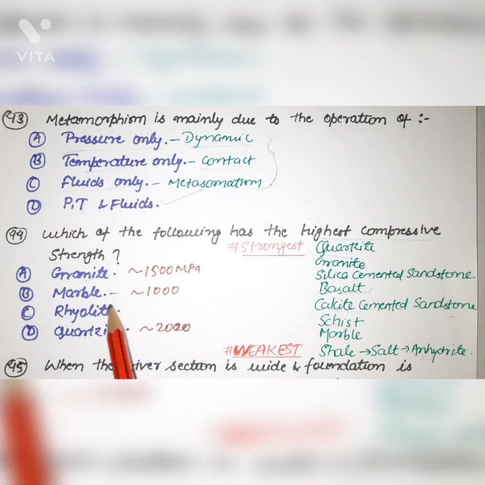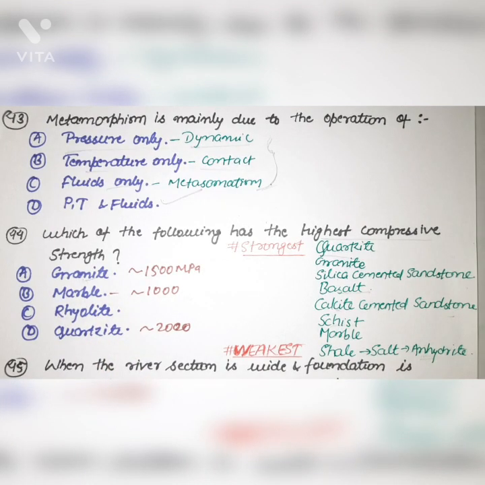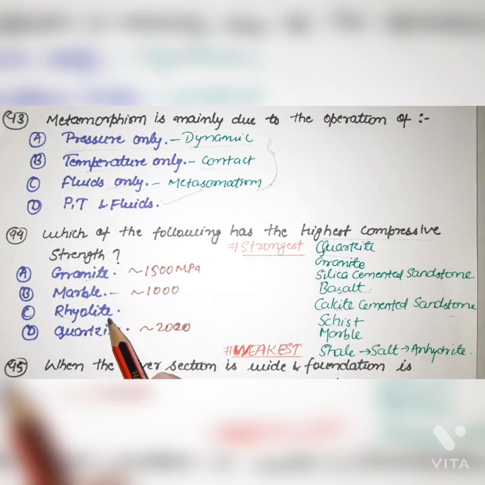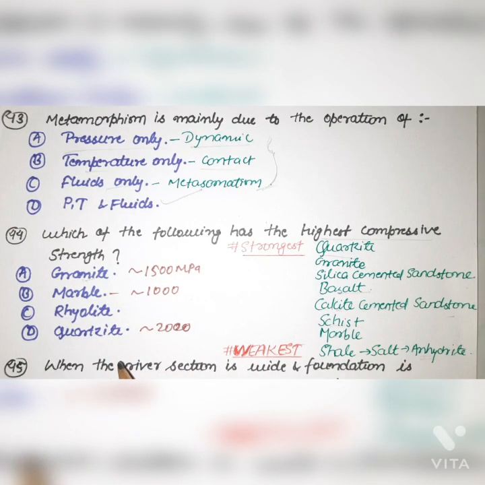Rhyolite is not considered in a text, but you can check it in Engineering Geology by KSW. Okay, and rhyolite will be lower than granite because it is a volcanic rock and it also doesn't have crystals, so it will be, I think, less than granite. Next one is quartzite.